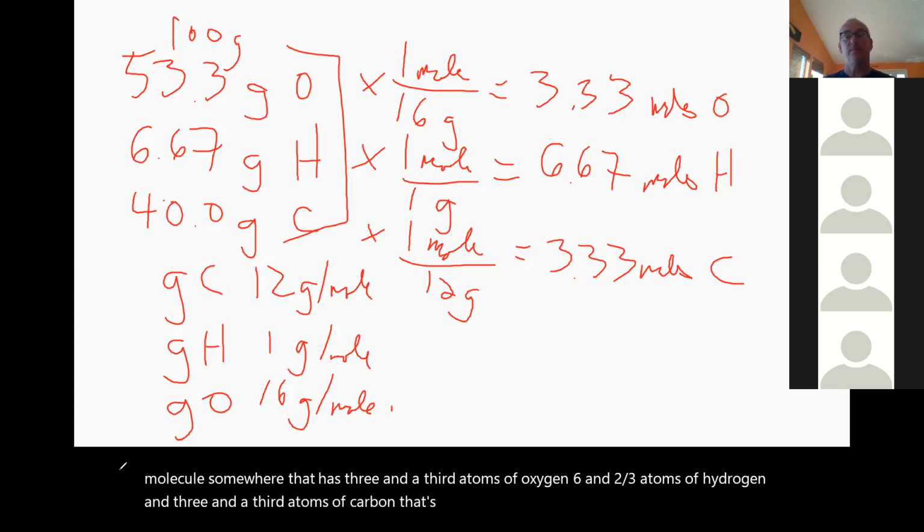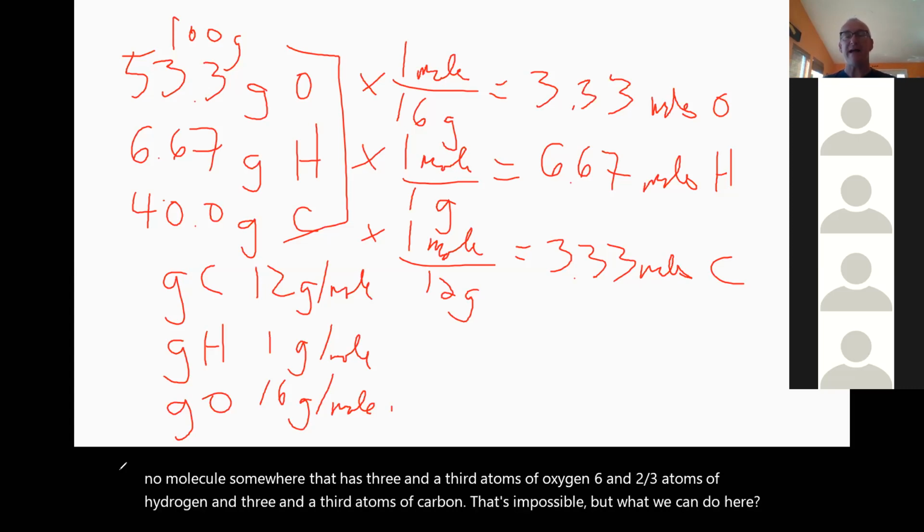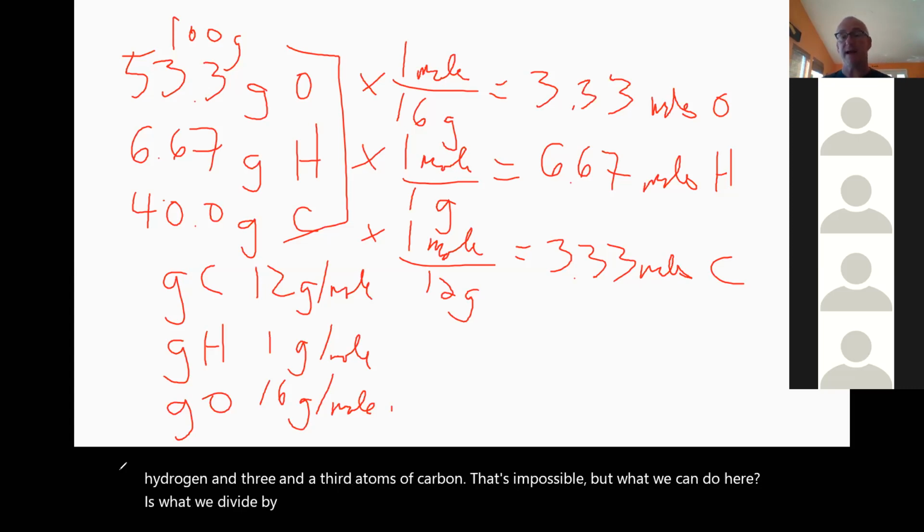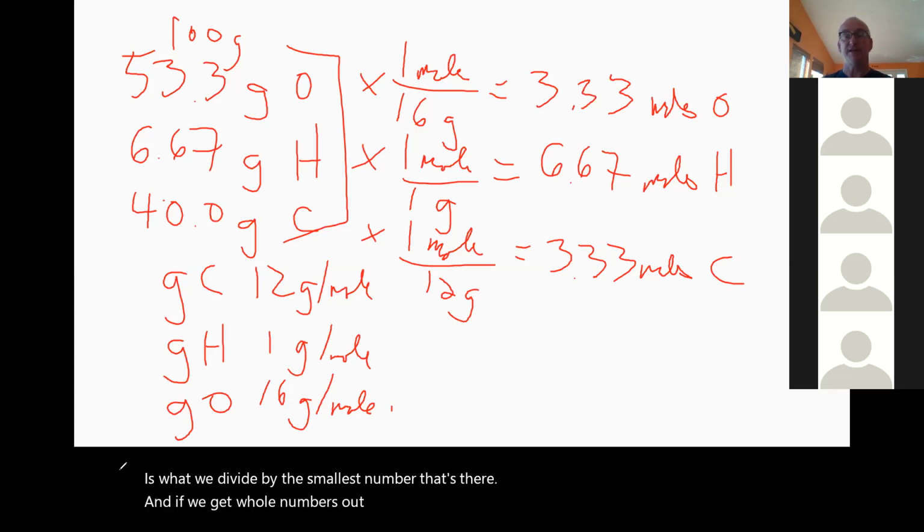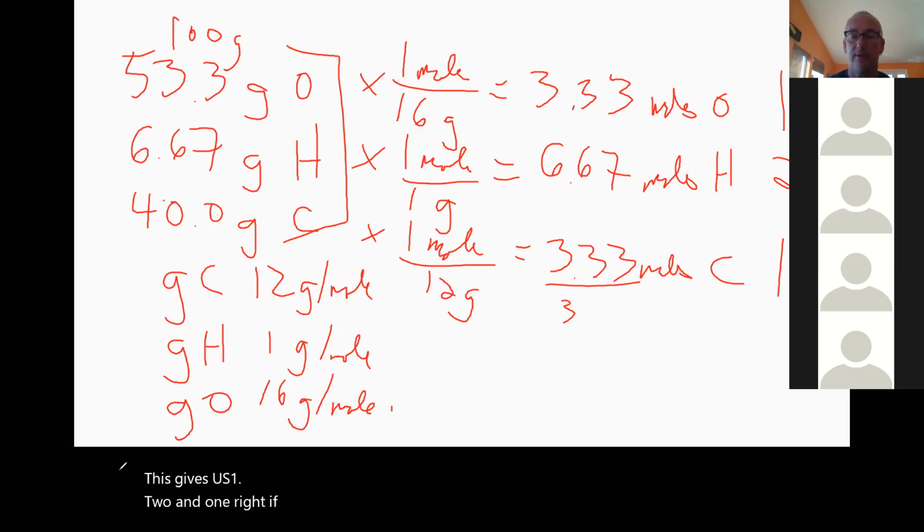But what we can do here is divide by the smallest number that's there and see if we get whole numbers out of it. And as you can see, if we divide everything by 3.33, this gives us 1, 2, and 1, right?